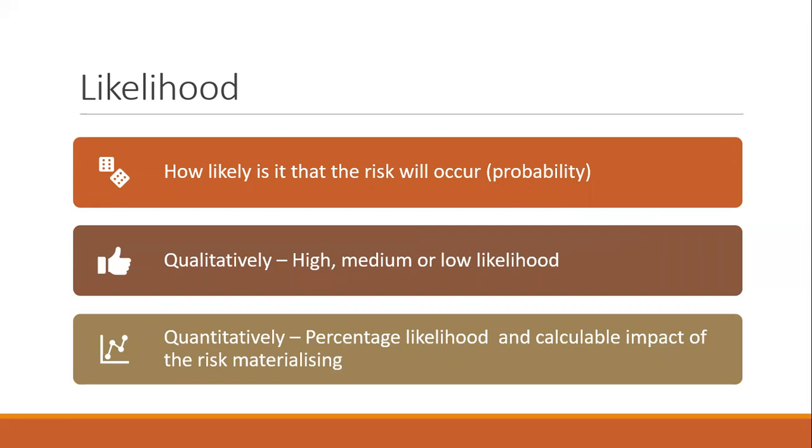When we're conducting our quantitative risk assessment, which is my preferred method, we're taking a look at the percentage likelihood and calculable impact of the risk if it were to materialize. When we're talking qualitative risk assessments, we're having to employ a high degree of subjectivity, where we're guessing to a large extent. Whereas when we're considering the quantitative risk assessment, we're being a bit more objective, where we're introducing calculations.